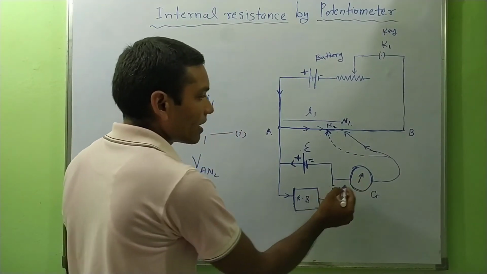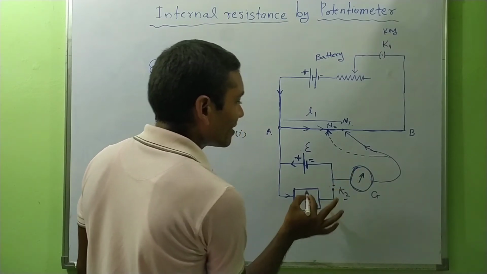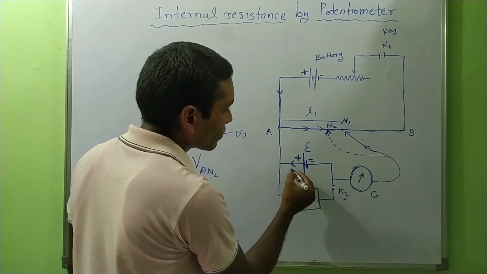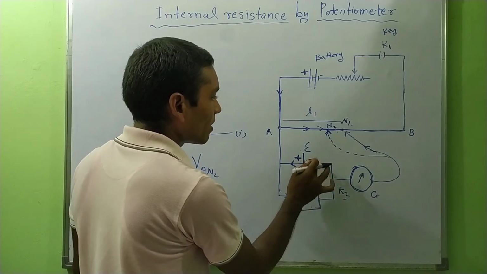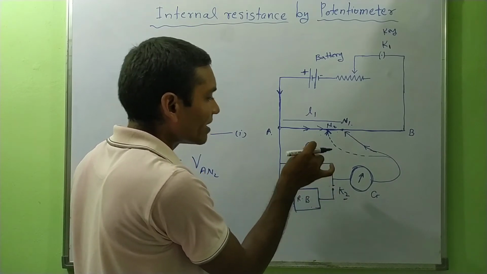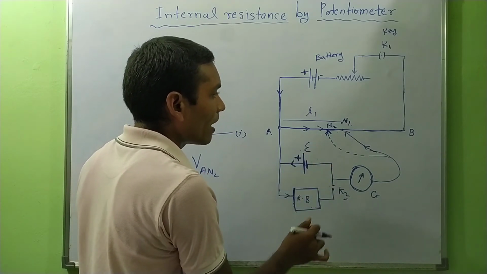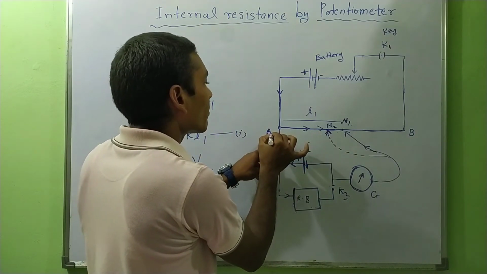The current is not flowing through the galvanometer, but current may be flowing through the resistance box. That's why the potential difference between the two terminals of the cell decreases, and the balancing point shifts towards point A.